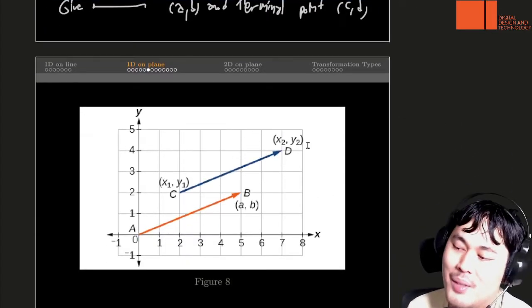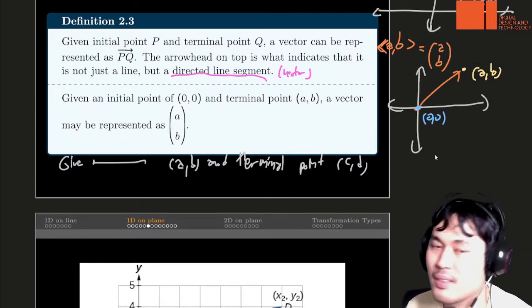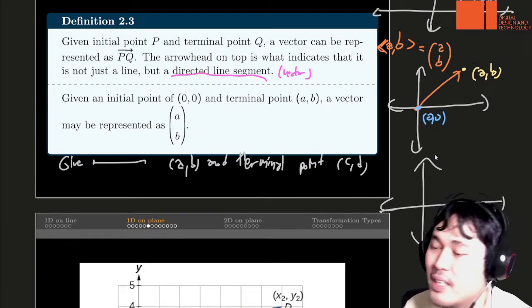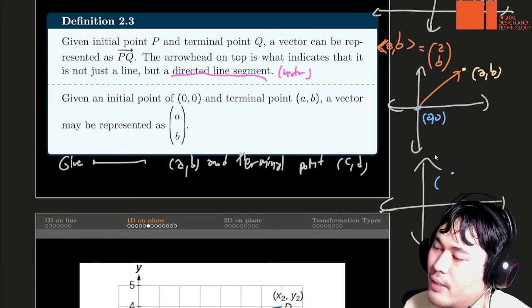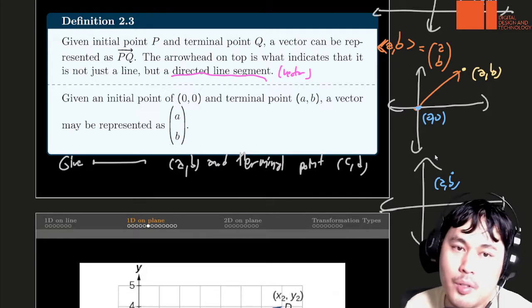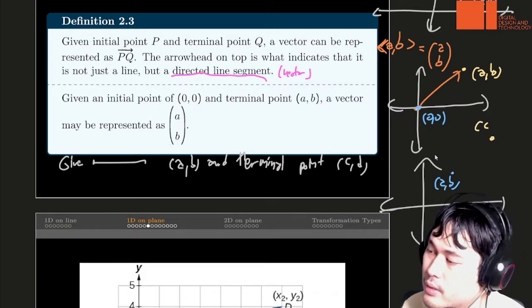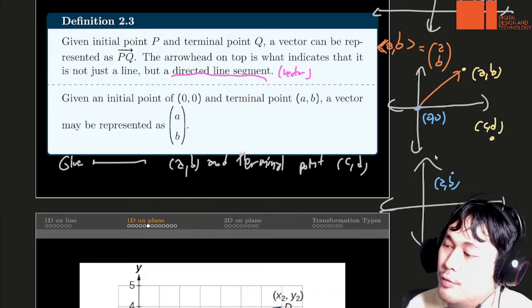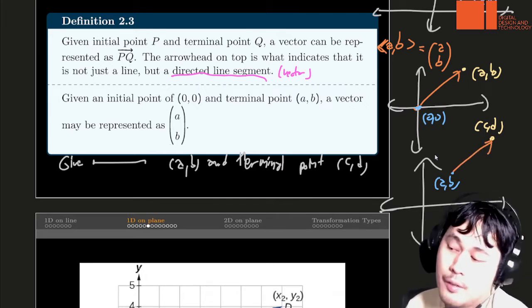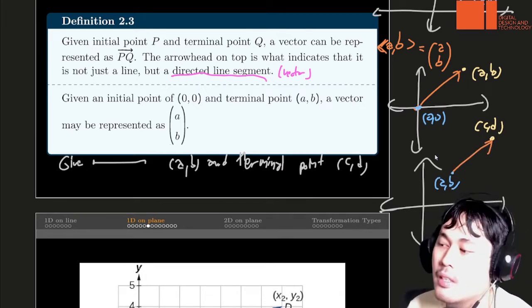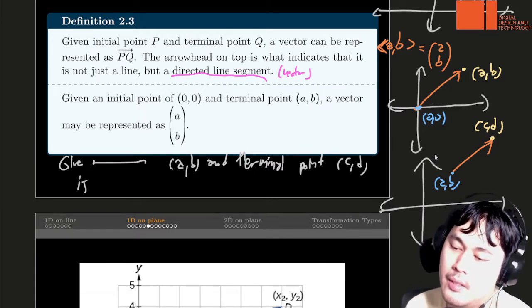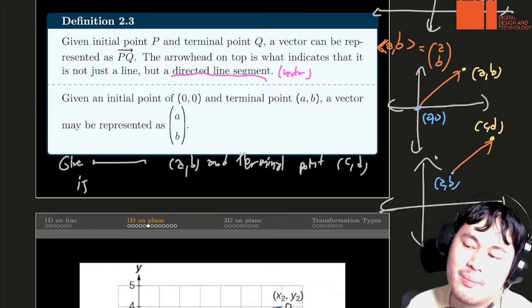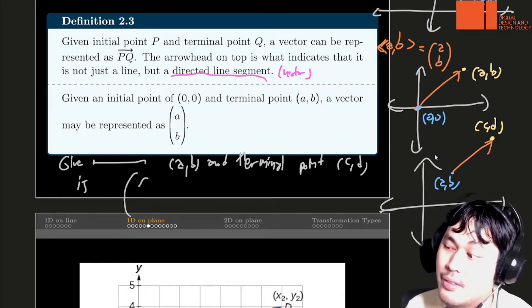Sometimes they use x1, y1, x2, y2, but let's use AB and CD. So let's say that's the initial point, AB, and if you go to the terminal point, CD, the vector between these two points, starting from AB and ending at CD, is the vector (C minus A, D minus B).